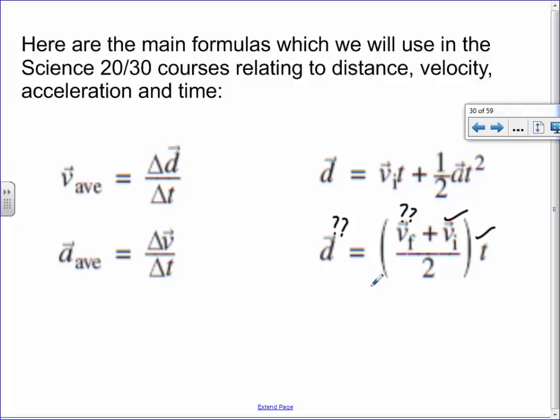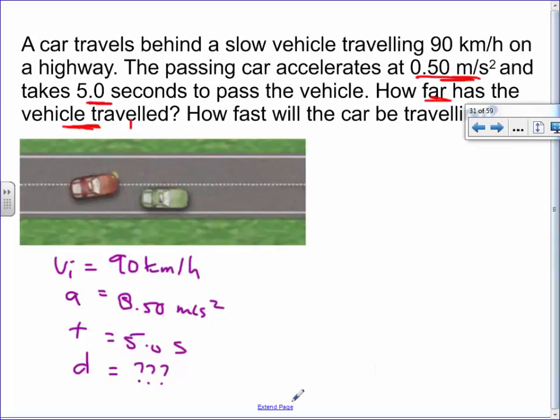And you can't have two things you don't know. So you have to pick a formula where you know everything except for one of them. And so hopefully you're kind of figuring this out here. The formula above it's really good for us to use because we do know the velocity initial, because that was 90. We do know time. We do know the acceleration. And this will just use time a second time. Does that make sense? So let's write out that formula there. D equals VIT plus 1/2 AT squared.